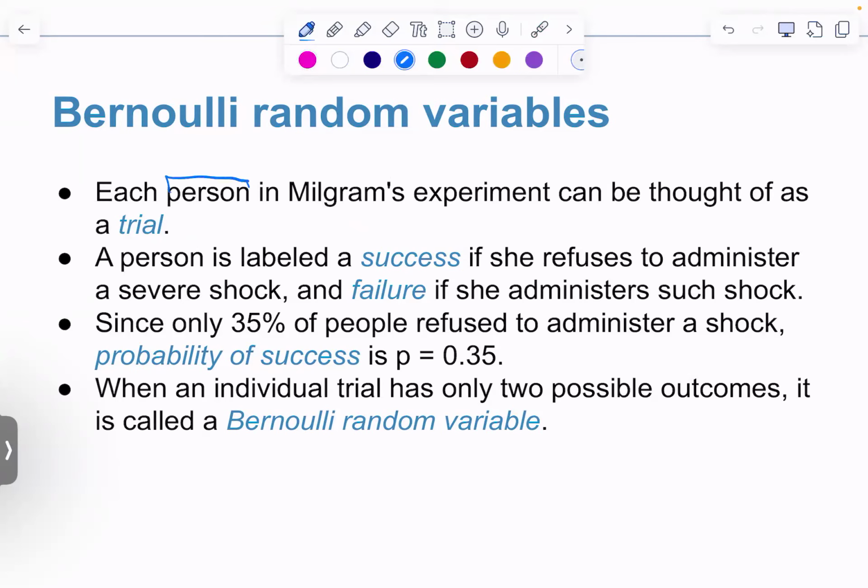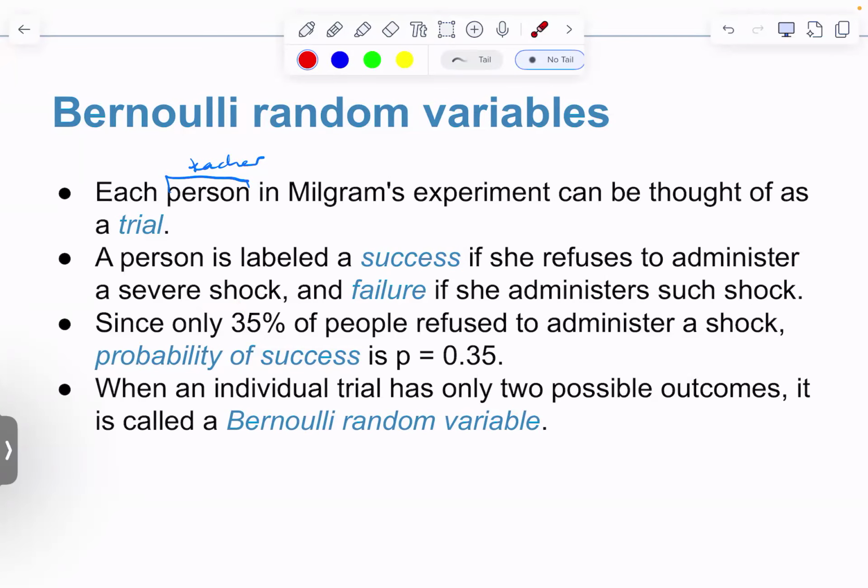Each teacher, a person, is labeled as a success, and here's the confusing part, if she refuses to administer a severe shock. Not that confusing because it's a positive.